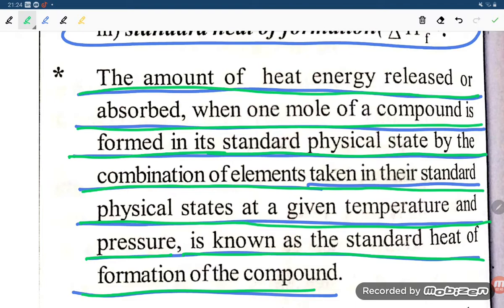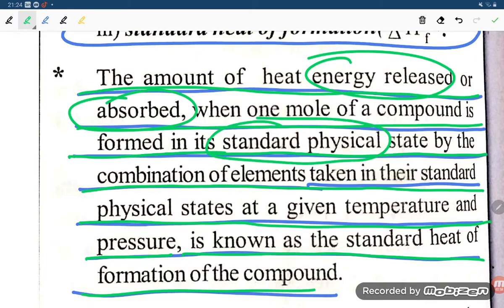So the standard heat of formation is in the standard state. It is the heat energy released or absorbed when one mole of the compound is formed by combination of elements taken in their standard physical states at given temperature and pressure.